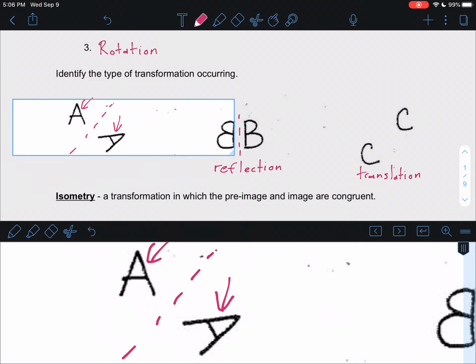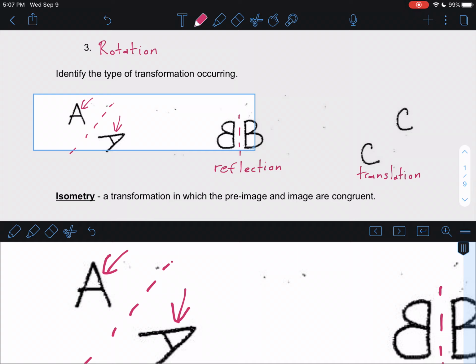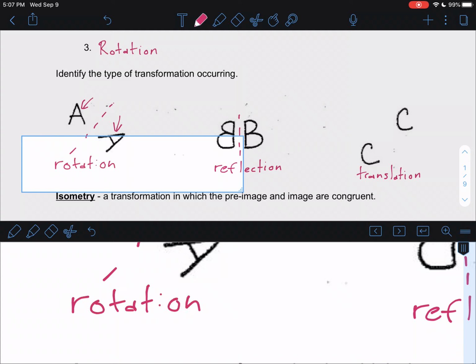And the only reason that works is because A is a very symmetrical shape. If it was B, you would be able to see that it had actually rotated instead of being reflected, because when we reflect a B, it looks backwards. When you reflect an A, it still looks like an A. So I would say this one is rotation/reflection.